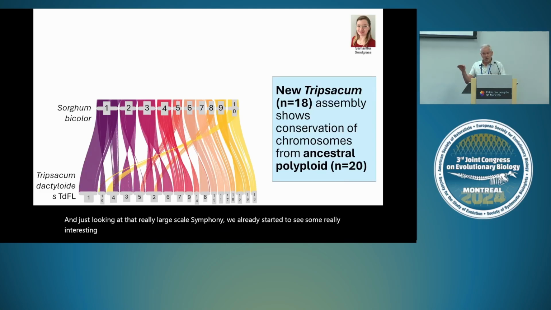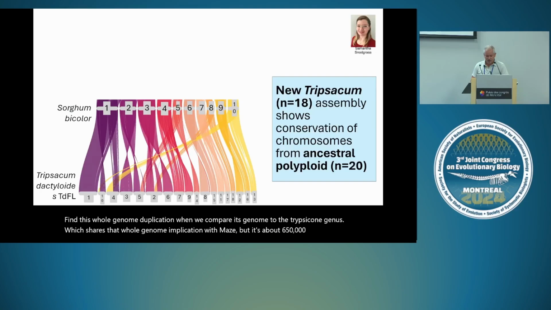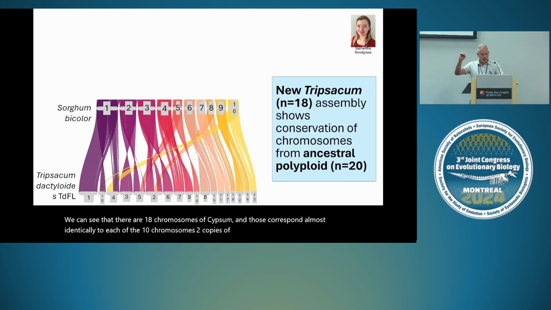So remember, sorghum is that species that hasn't undergone this whole genome duplication. When we compare its genome to the Tripsacum genus, which shares that whole genome duplication with maize, but is about 650,000 generations diverged, we can see that there are 18 chromosomes of Tripsacum, and those correspond almost identically to each of the 10 chromosomes, 2 copies of those from sorghum.